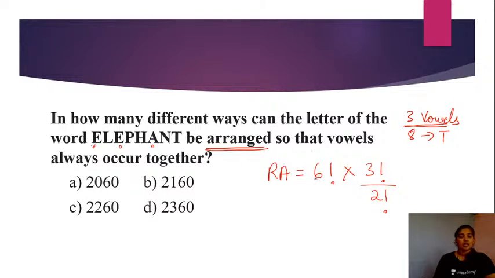So our required answer would be 6 factorial into 3 factorial divided by 2 factorial, which is going to be 6 factorial is 720, and 3 factorial divided by 2 factorial is 3 times. So this is 2160. So the right answer for this question is your option B.